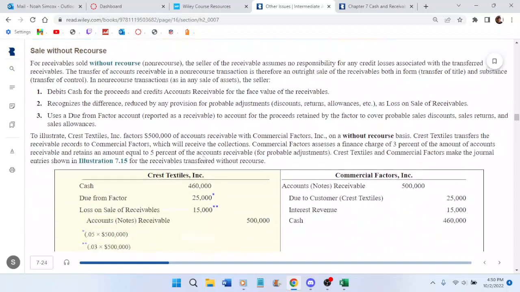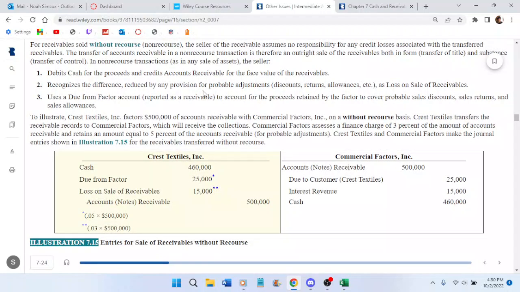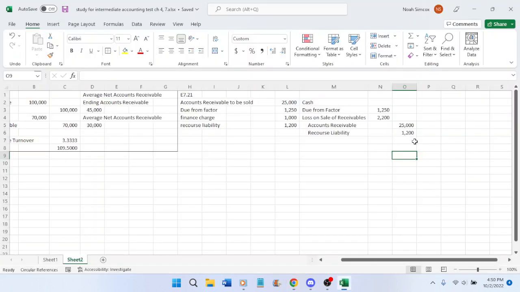It's this minus this. It's minus the finance charge minus due from factor.